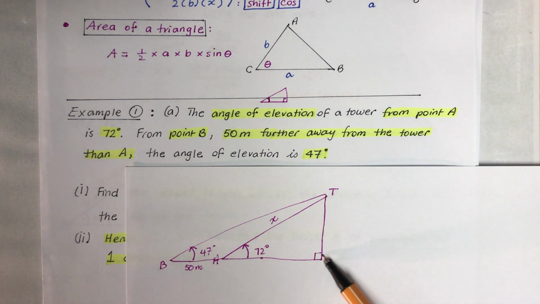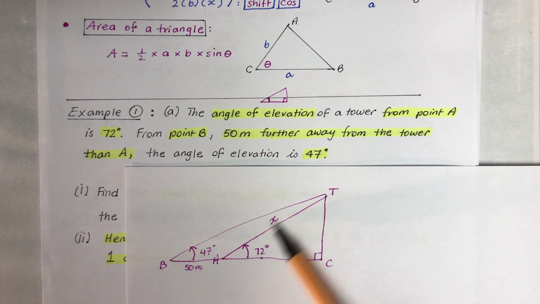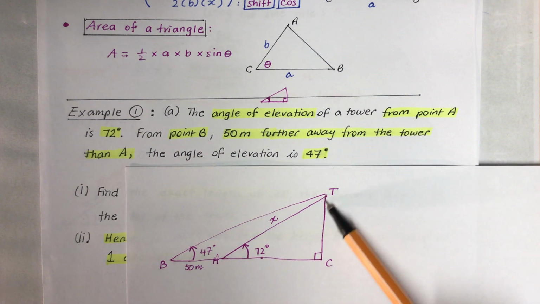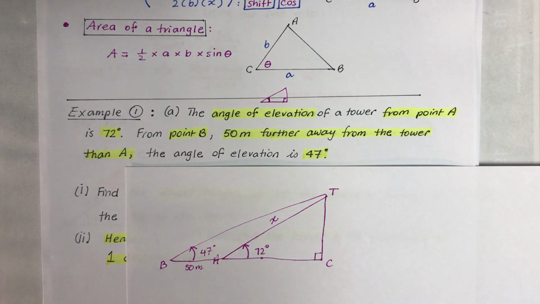So I started with a right angle triangle, obviously, and then I made it 2 triangles overlapping, because B is further away from the building, the tower. And then between A and B is 50 meters apart.